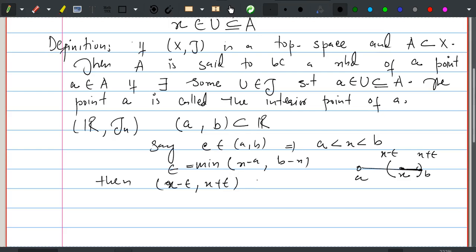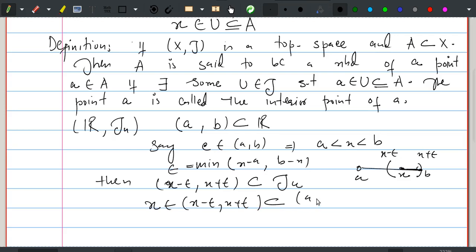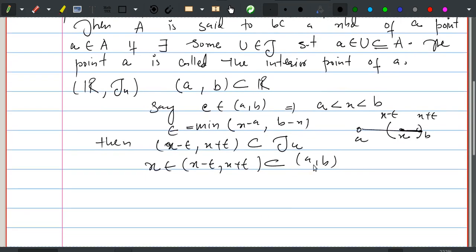This is in T, with the condition that x is in this open set and it is itself contained in the open interval. This x was chosen arbitrarily, so this open interval is a neighborhood of each of its points. In other words, every point of an open interval is its interior point.